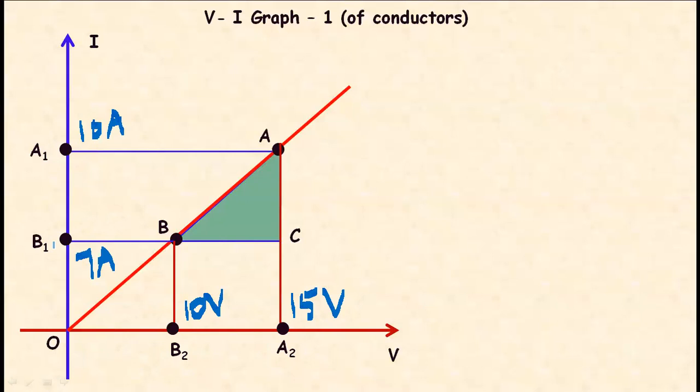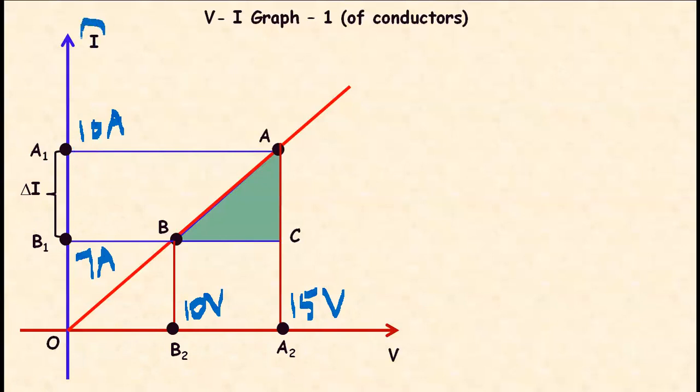Because slope is given by the formula y2 minus y1 divided by x2 minus x1, or delta y divided by delta x, where delta y is the change in y coordinate and delta x refers to the change in x coordinate. So let me find the difference between the readings A1 and B1. The difference between these two will give me the change in y coordinate.